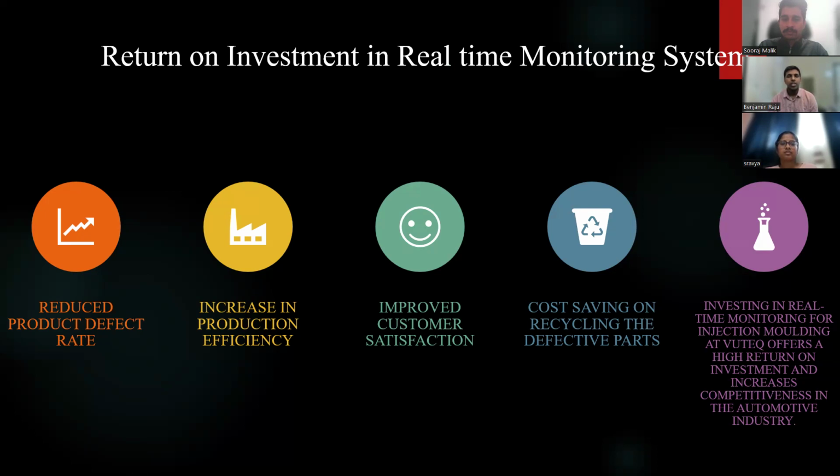It also helps customers get quality products, and Viewtech can save money on recycling defective products. Overall, the implementation of real-time monitoring offers a high return on investment for the company and increases its competitiveness with the other automotive industry.